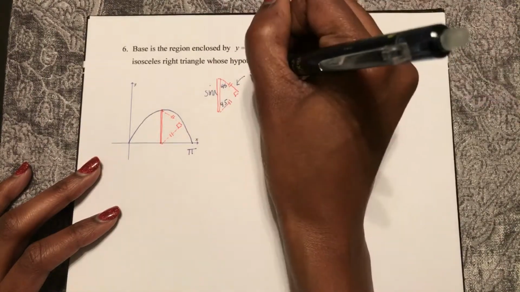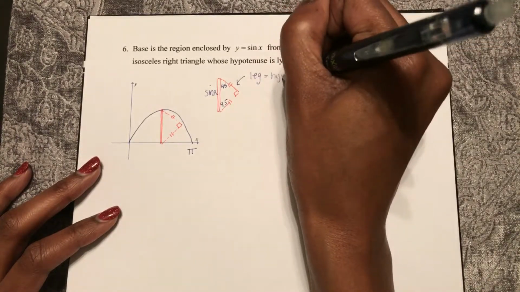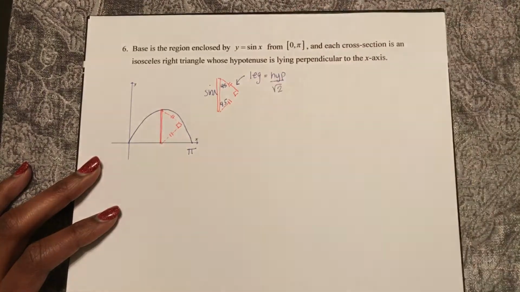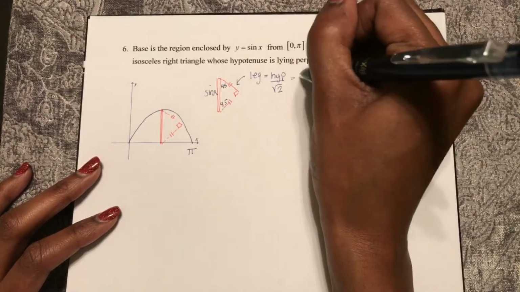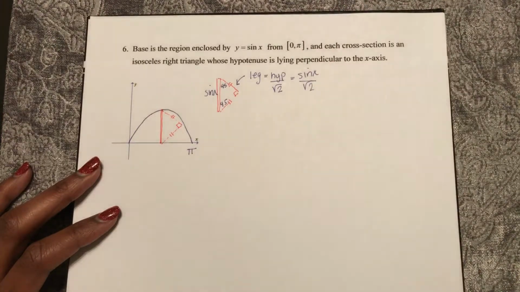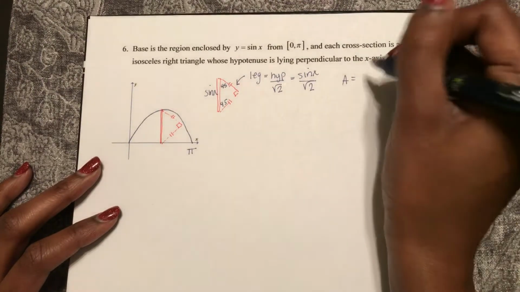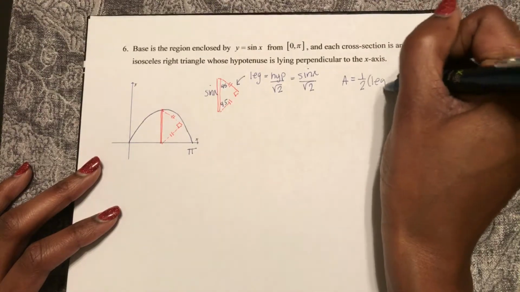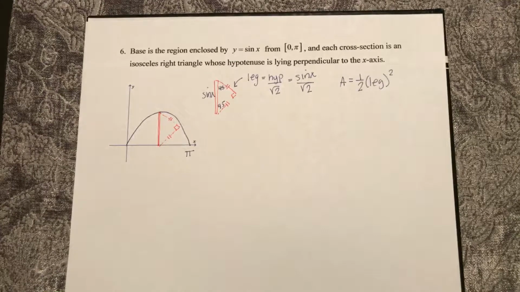So if we're looking for our leg, that's equal to our hypotenuse divided by the square root of 2. In this instance, our leg is sine x divided by the square root of 2. Now that we know our two legs, the area of this isosceles right triangle is 1/2 multiplied by the leg squared, because our leg is both the base and height.